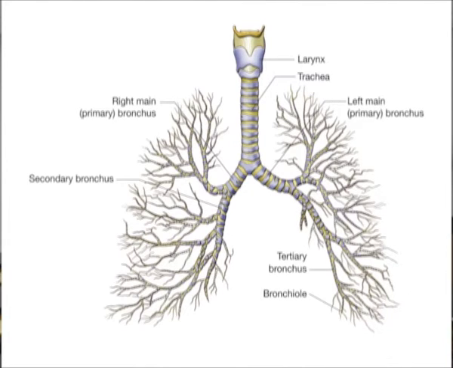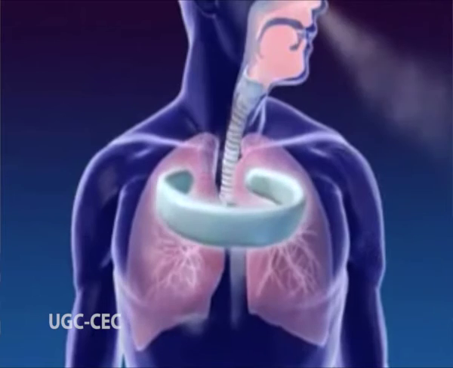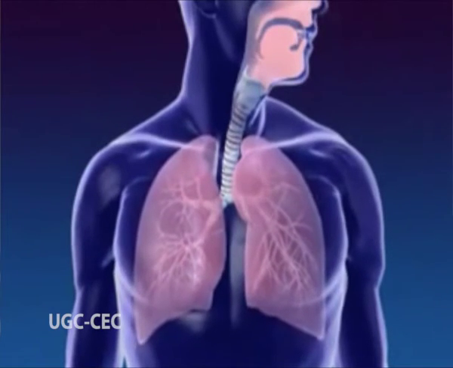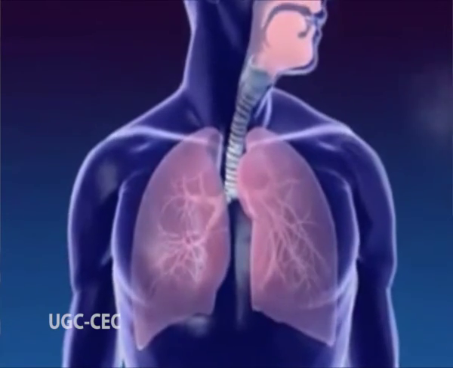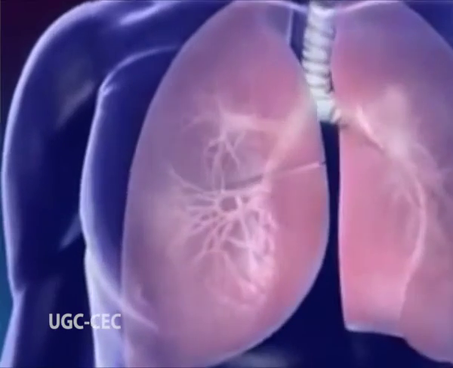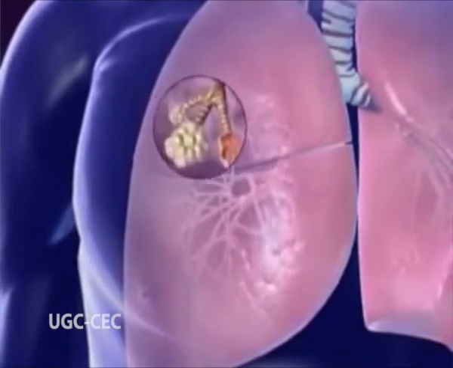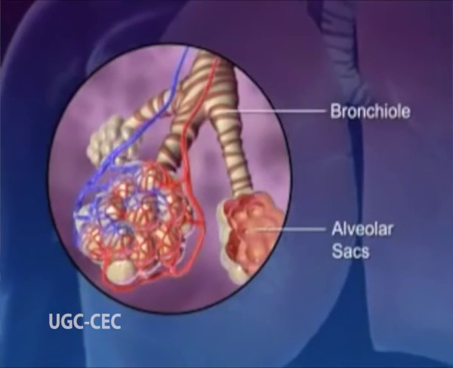From the bronchi, air enters the bronchioles. As the passageways decrease in diameter, the relative amount of smooth muscle increases. The terminal bronchioles then subdivide into respiratory bronchioles, which subdivide into alveolar ducts. The alveolar ducts branch and terminate into alveoli.